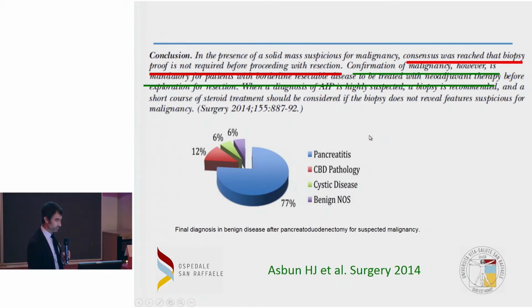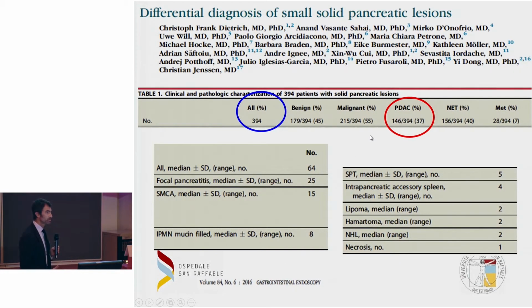Obviously, I'm the sonographer, and I don't agree, because very recently a multi-center trial has been published, and many of the authors are seated in this room. It shows that if we consider small lesions in the pancreas, most of those lesions are not pancreatic adenocarcinoma.